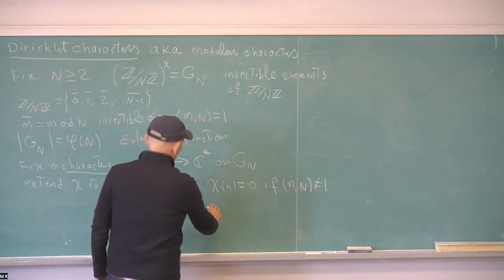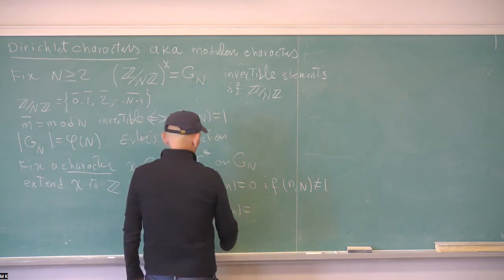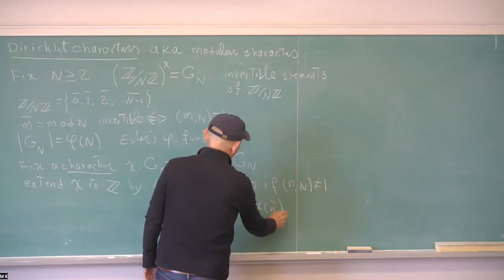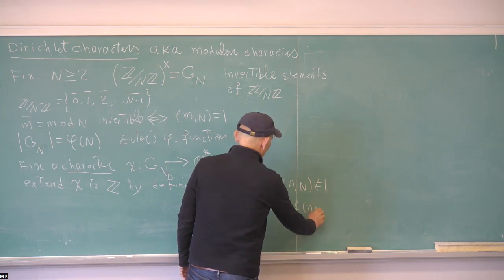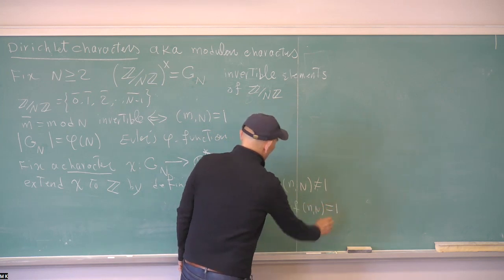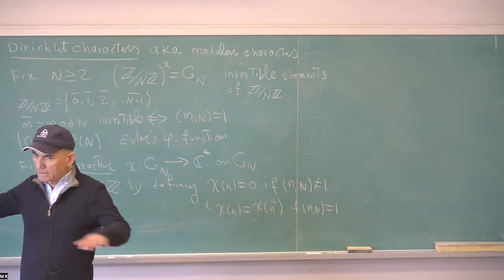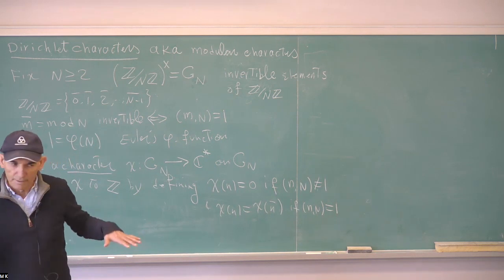And of course, chi of m is equal to the old chi of m if m and n are relatively prime. So now we extended this chi to the whole integers Z, right?